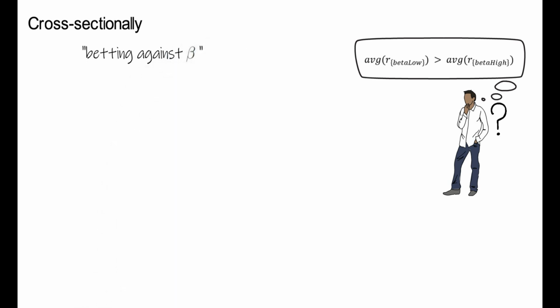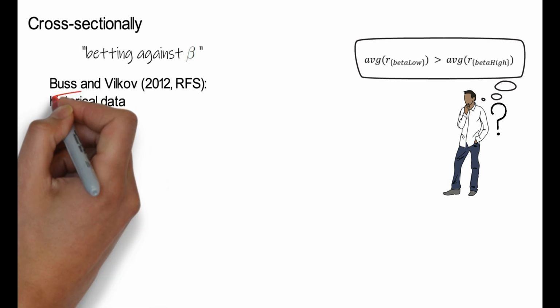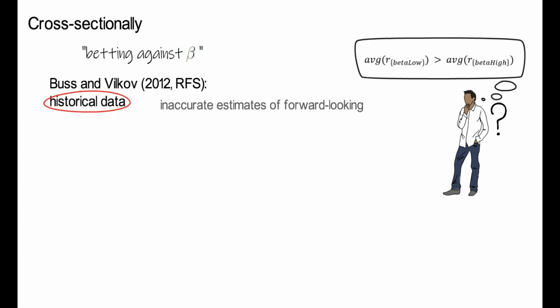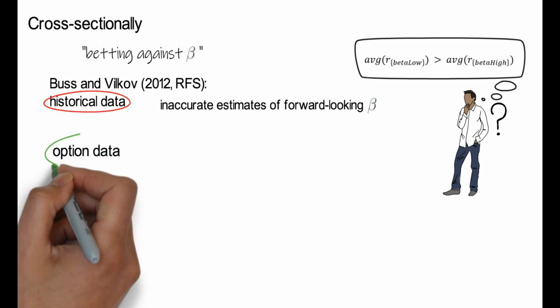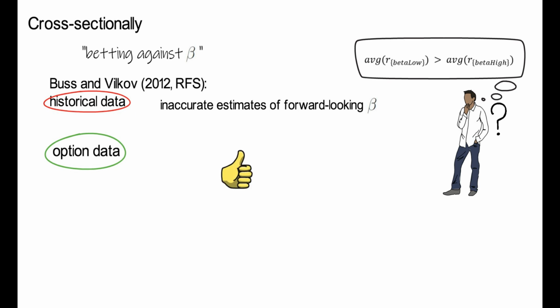Empirical results in the 2012 RFS publication of Buss and Vilkov argue that historical data produces inaccurate estimates for forward-looking betas. When using option data to extract CAPM betas, the authors find a positive relationship between average excess returns and the beta.